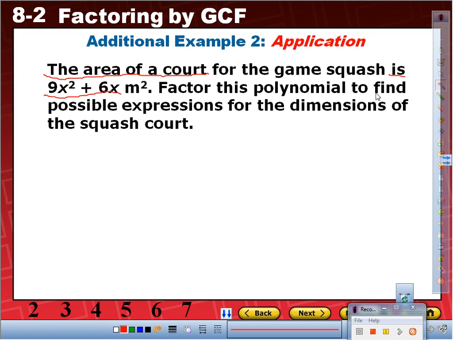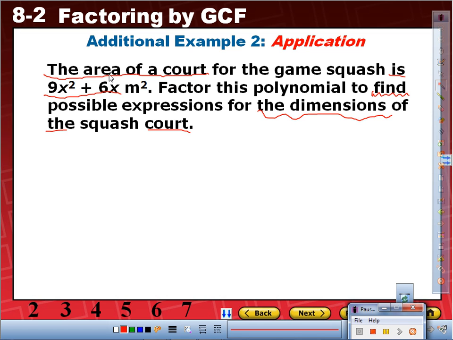And then I want you to underline the question or write down, find the dimensions of the court. M squared, that's the meter squared, and I'll address that. I just didn't want you to get confused thinking that that's another variable. So copy what I underlined.